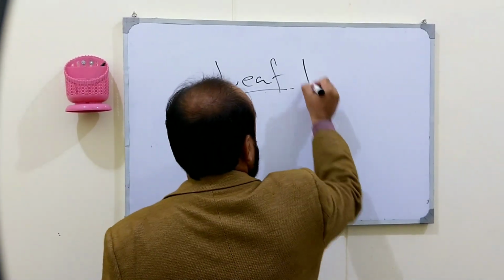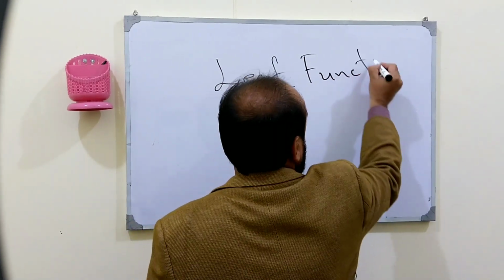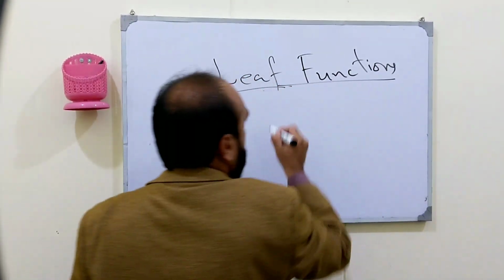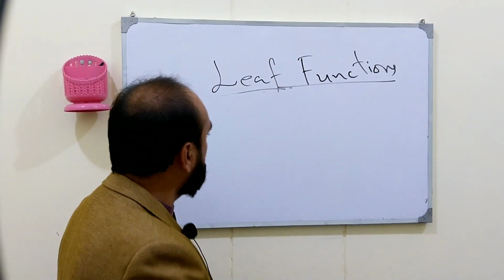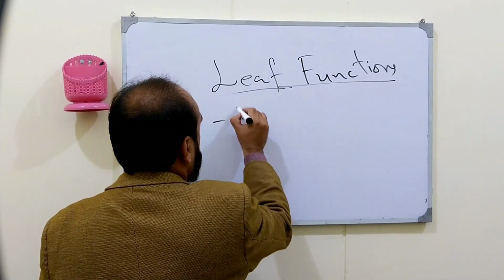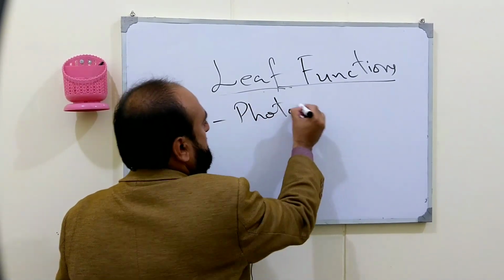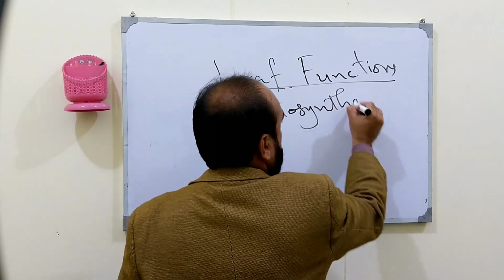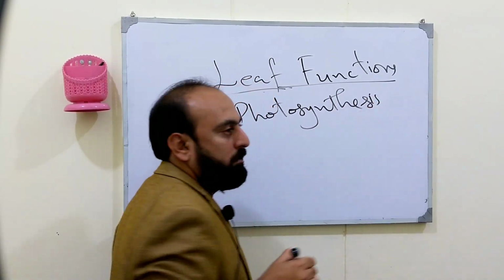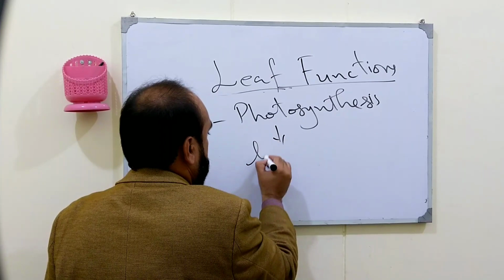About leaf functions, as evident from the leaf anatomy, leaves are meant for photosynthesis. They are the structure for light interception.